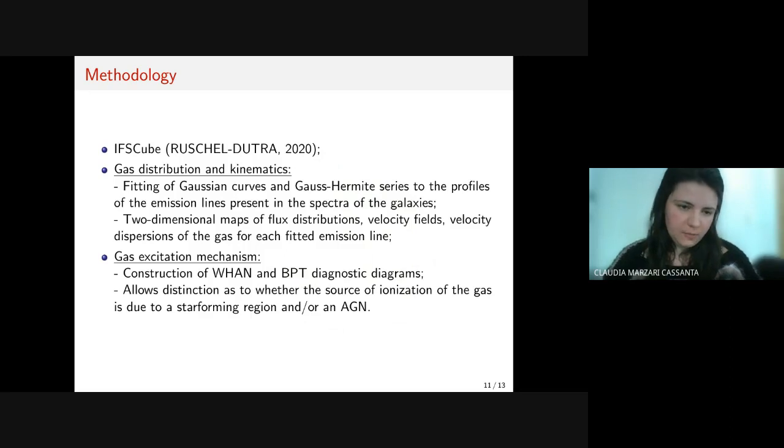This process returns 2-dimensional maps of flux distributions, velocity fields, velocity dispersions of the gas for each fitted emission line. And another step is the gas excitation mechanism, which is the construction of 1D and BPT diagnostic diagrams. It allows distinction as to whether the source of ionization of the gas is due to a star-forming region and or an AGN.